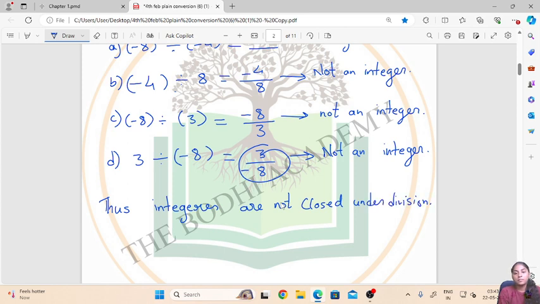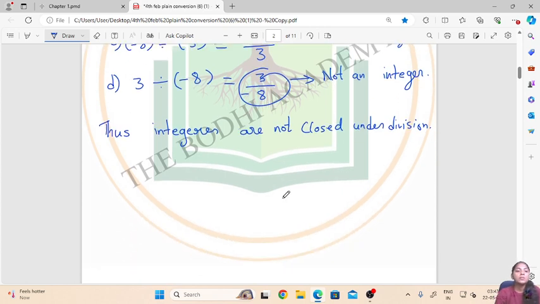In other words, what this means is, for any two integers a and b, a divided by b is not always an integer. Not always. Sometimes it may be an integer, but sometimes it may not be. Thus we say that integers are not closed under division.